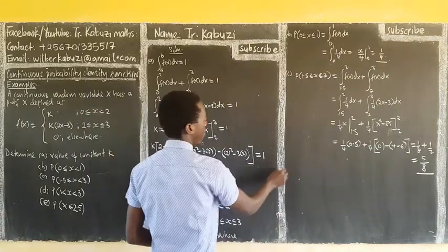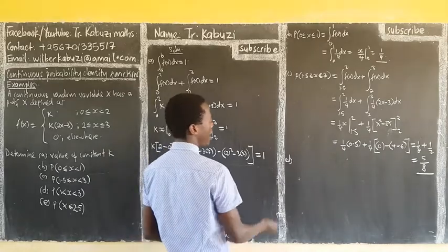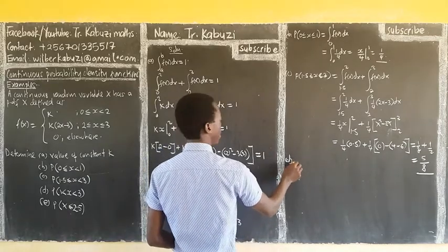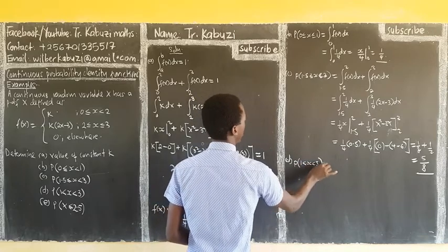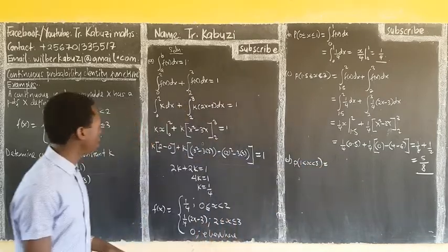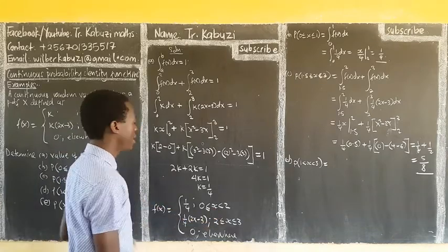So now, in part D, I think you can handle it: the probability of 1 less than x less than 3. Now 1 is in this range, then 3 is also in this range.